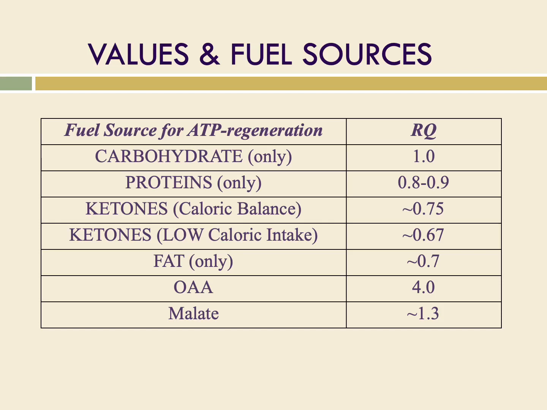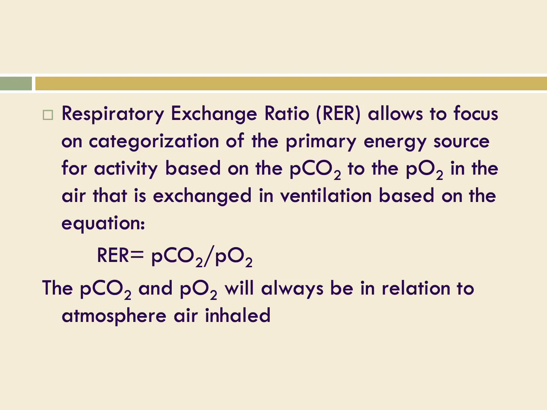The other way of looking at it is based off of what's referred to as the respiratory exchange ratio, and that's telling me how metabolically flexible I happen to be. And so this is telling me what is the PCO2, the partial pressure of carbon dioxide in the gas exchange, relative to the partial pressure of oxygen in the gas exchange. And this is always relative to what the atmospheric PCO2 and PO2 happens to be.